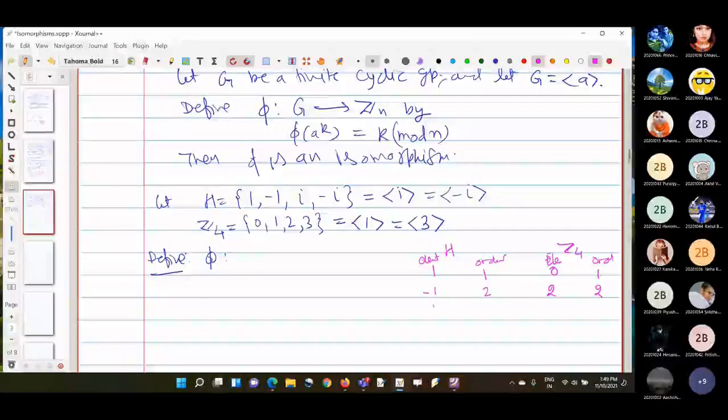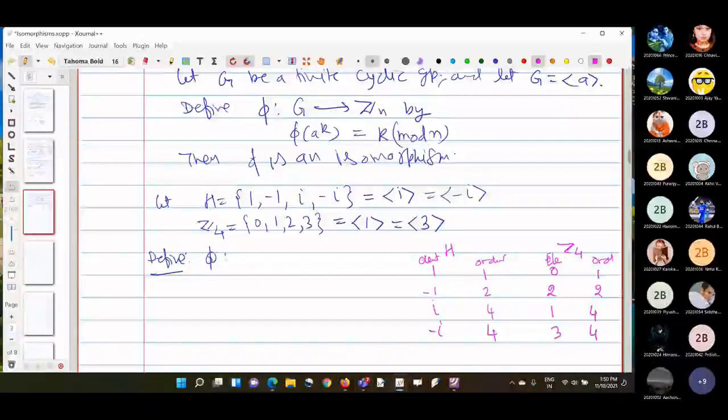And then we have iota, its order is 4. So here can we get some element which order is 4 in this one? I think 1 has order 4, and then negative iota also has order 4, and here 3 also has order 4. Okay.